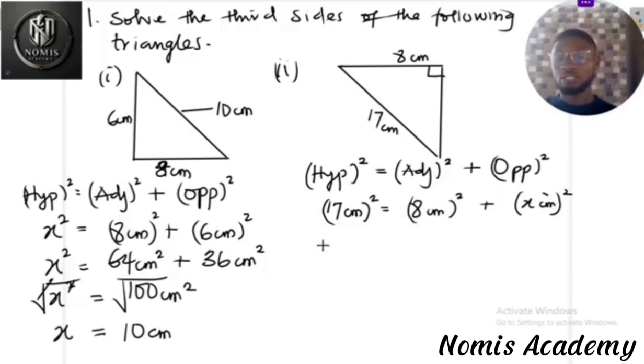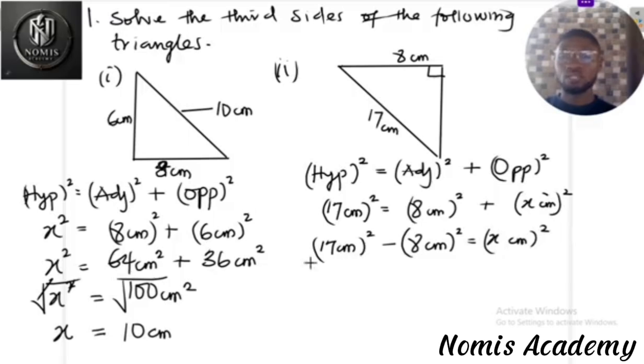So this becomes 17 centimeters squared minus 8 centimeters squared equal to x centimeter squared. So that is what we are left with. So 17 multiplied by 17. Let's take 17 multiplied by 17.